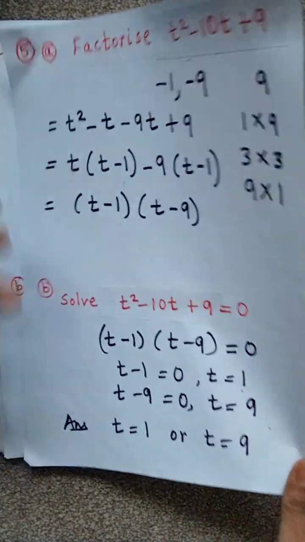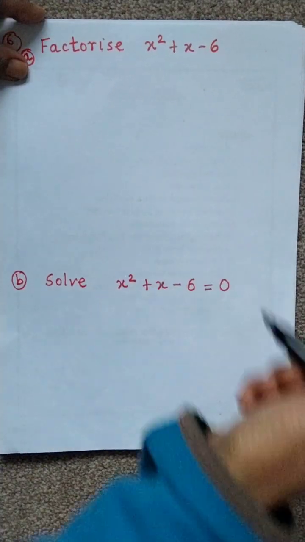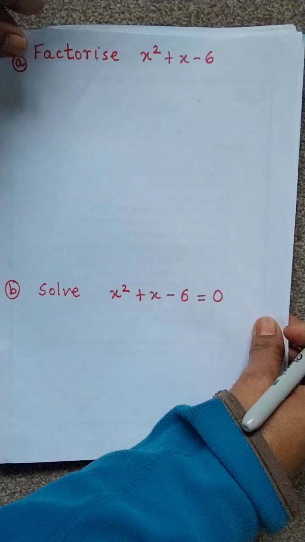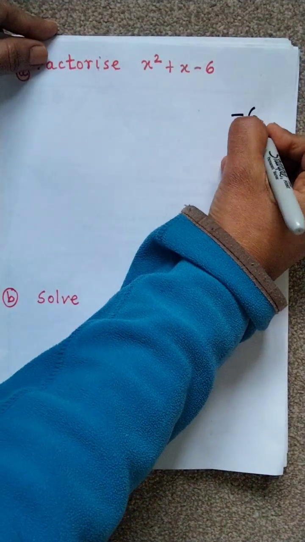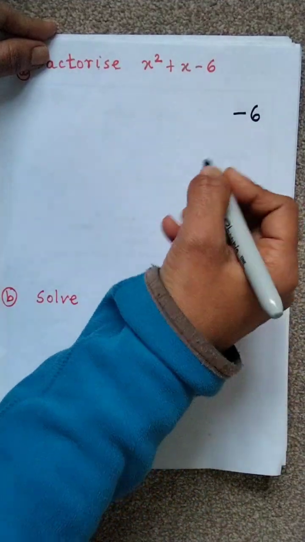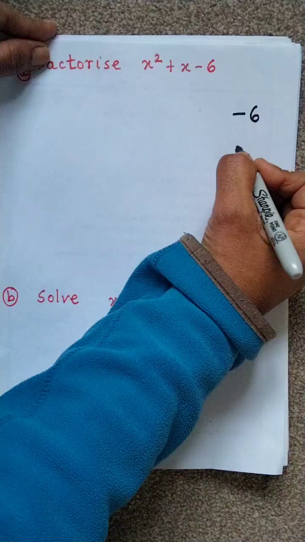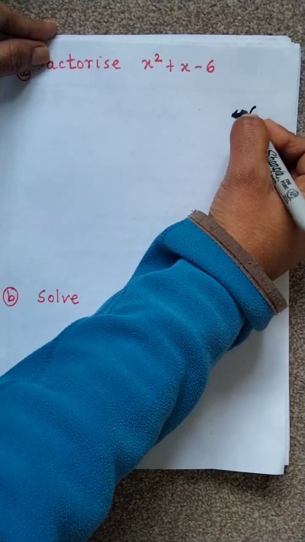Okay, now another question. Factorize. Okay, we are factorizing this. Minus 6 can be written as, this is minus 6, okay, so it can be written as, here I'll just cancel this minus 6 now.